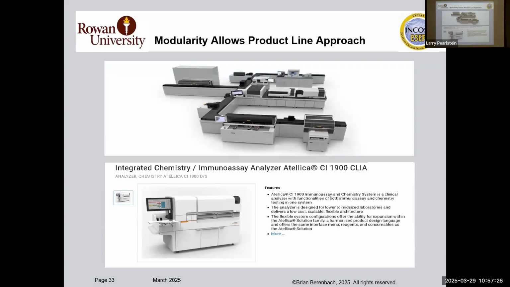So you can go upscale and you can go downscale, which is very, very nice. So you can start with this and then move into this at a later date. That's basically how the product line works. So it's immunoassay and chemistry.